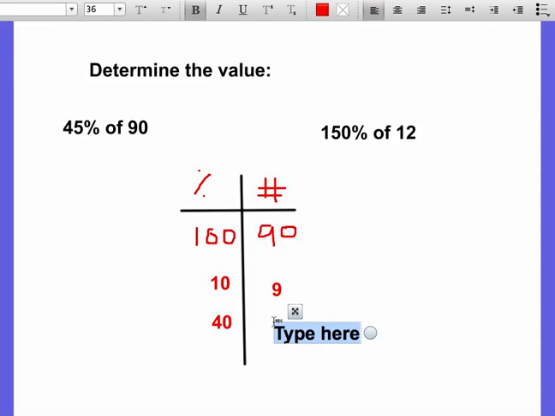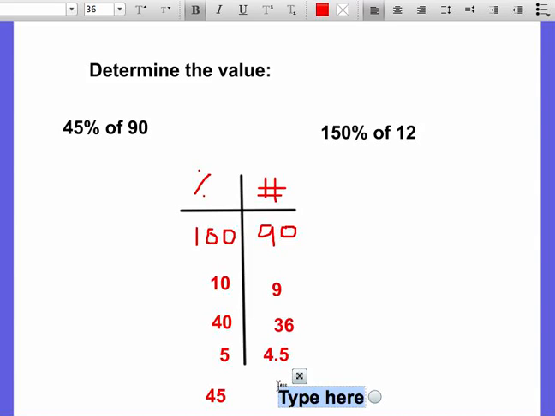So 40% would be times 4, which would be 36. And now I need to also find 5%. But you can take whatever path you want, so 5% would be half of 10%, so that would be 4.5. And to get to 45%, you would need to add 36 plus 4.5, which is 40.5. 45% of 90 is 40.5.